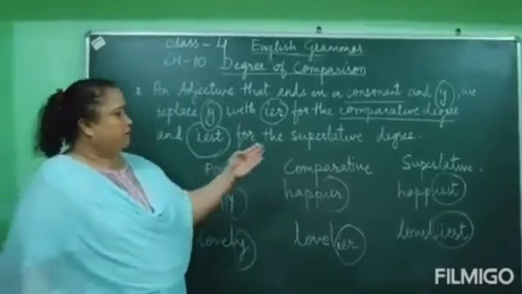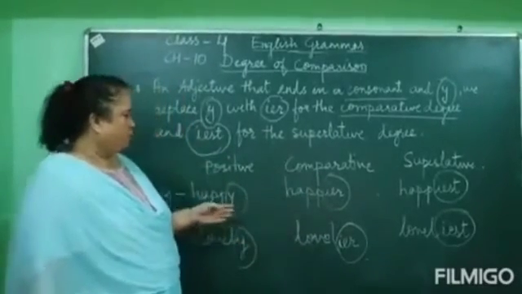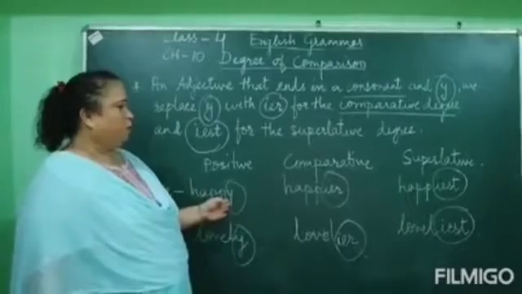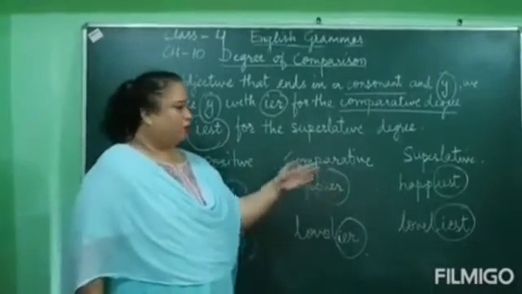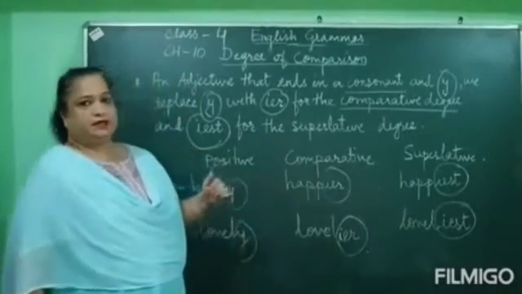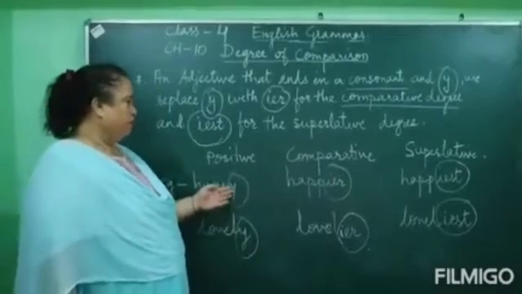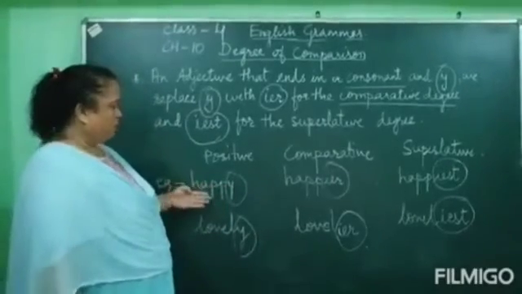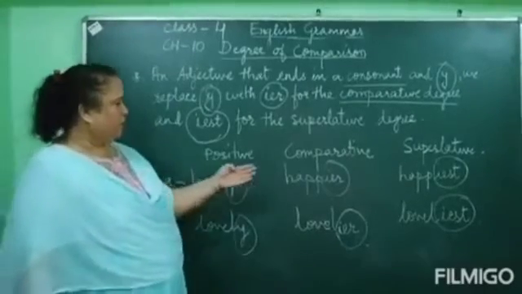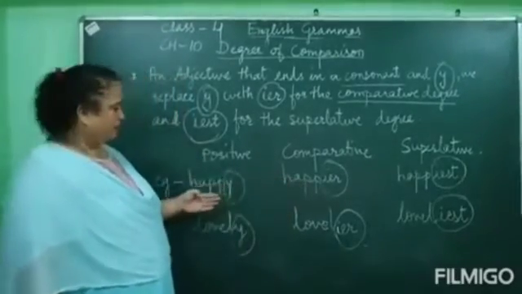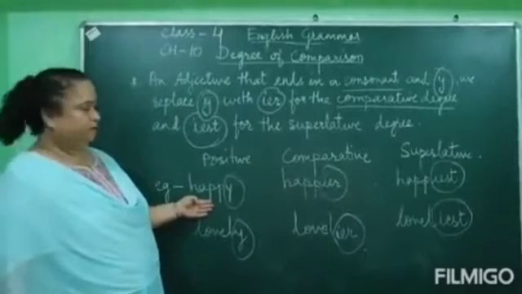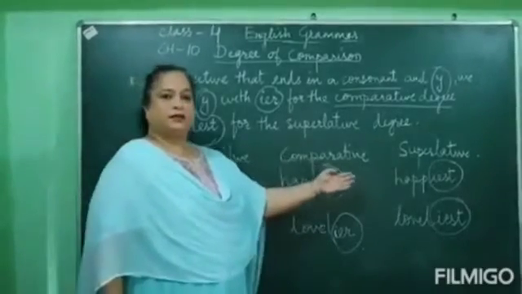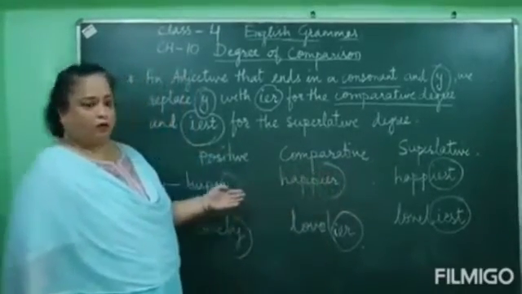When it comes to the superlative form, we remove the Y and write IEST instead of the Y. That makes it happiest. So Ram is happy, Raj is happier than Ram and Mohan is the happiest of all.